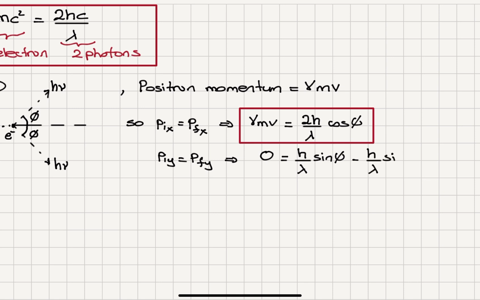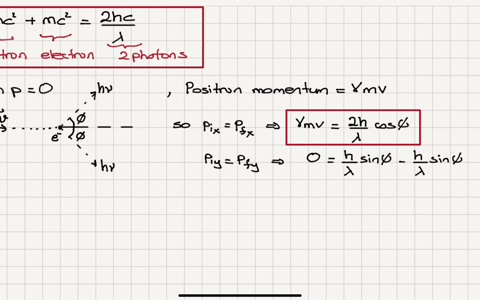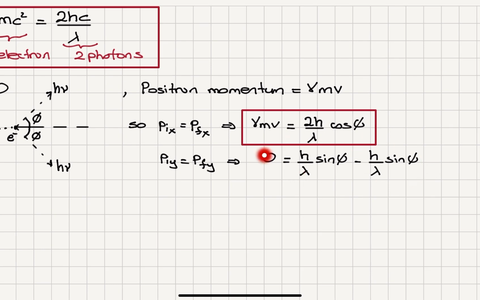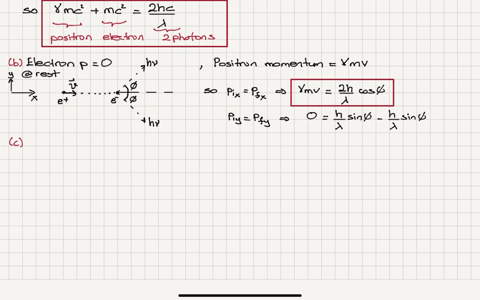So we have momentum conservation on the y-axis. If we take the y components of these momenta, we will get sine phi for both terms, but one is in plus j hat direction, the other one is in minus j hat direction, and indeed we see that this condition is satisfied. So we have written the energy conservation equation and momentum conservation equation.